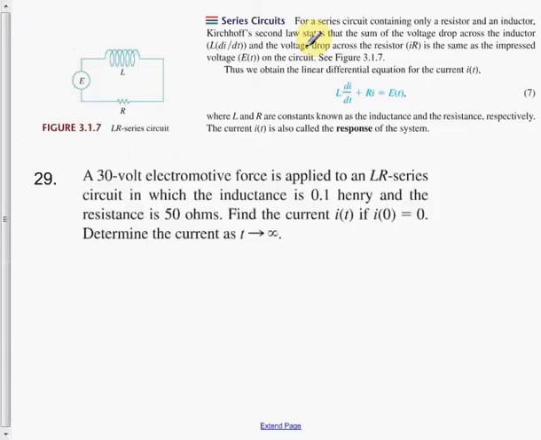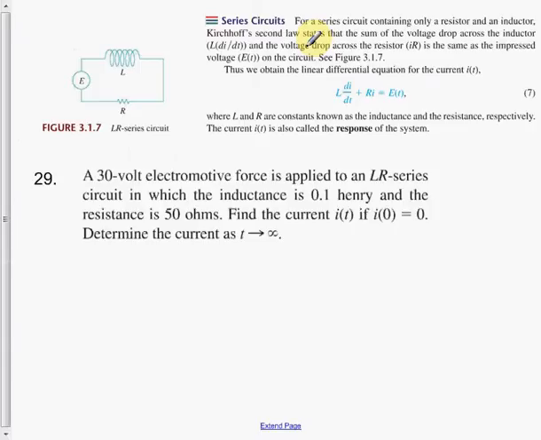So here, this problem says you have a 30-volt electromotive force applied to an LR series circuit, just a simple circuit that involves a resistance and inductance, in which the inductance is 0.1 Henry and the resistance is 50 ohms.